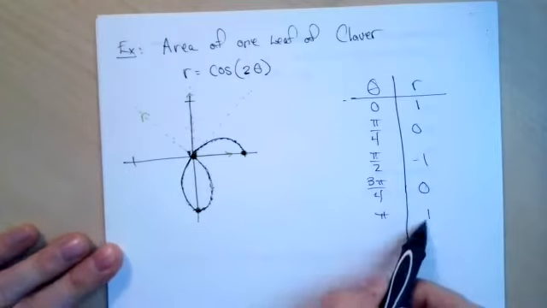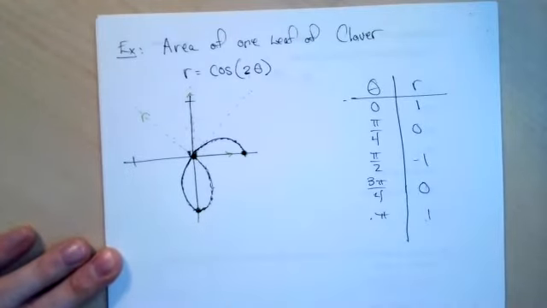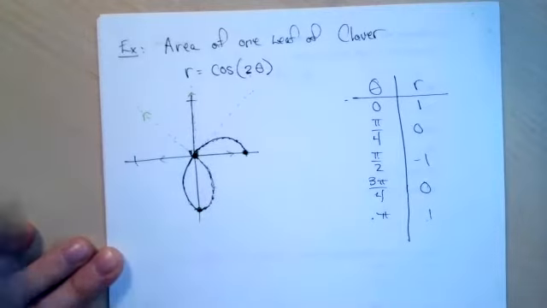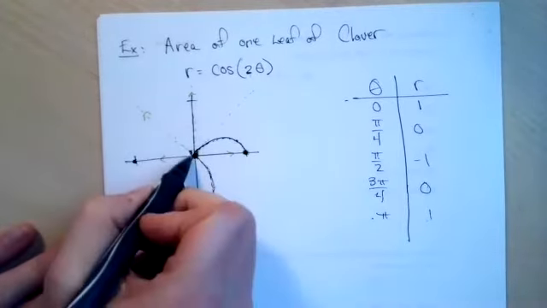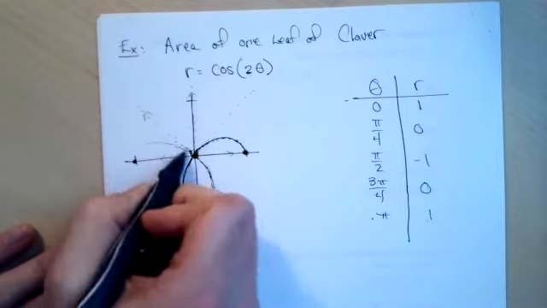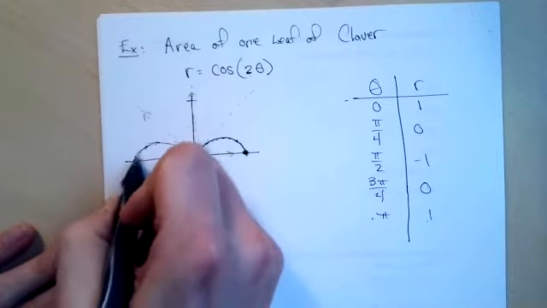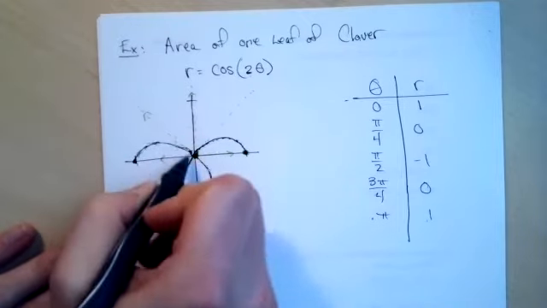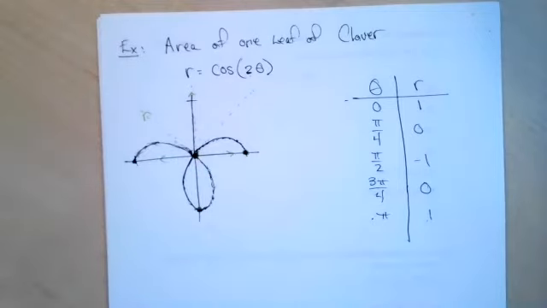Then at pi, our radius is 1. So at pi, of course, we are facing left, and the radius goes to 1, and so we loop around and we'll be there. Hopefully you can get an idea of how this is going to be traversed.